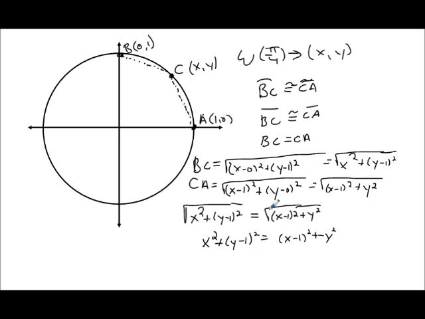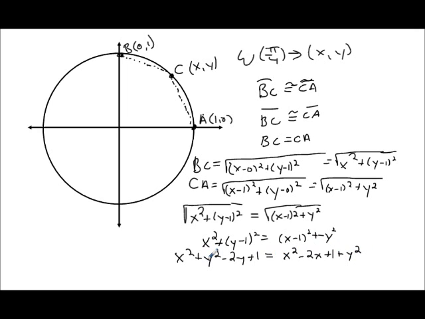Yes, you could have done that easily also. Do some math here. Y squared minus 2y plus 1 equals x squared minus 2x plus 1 plus y squared.